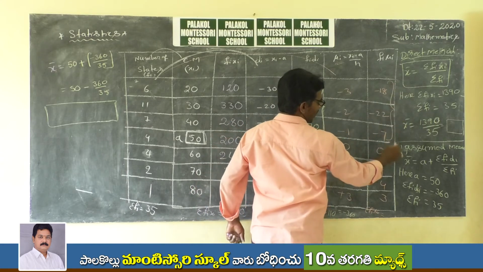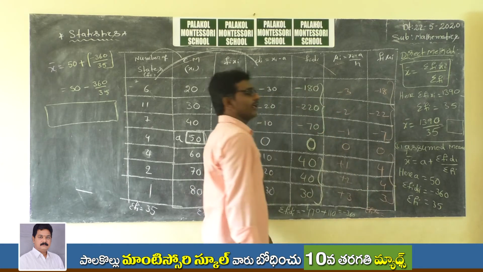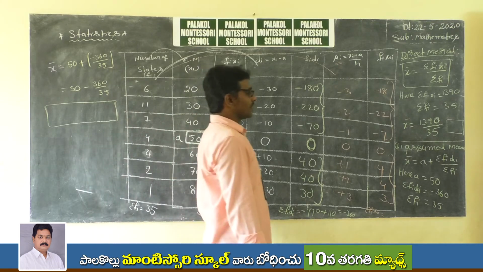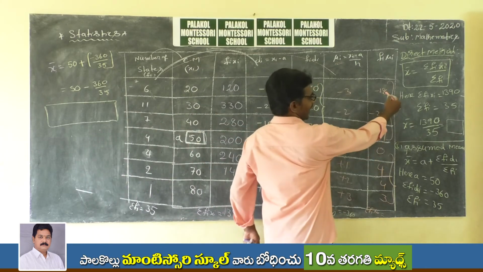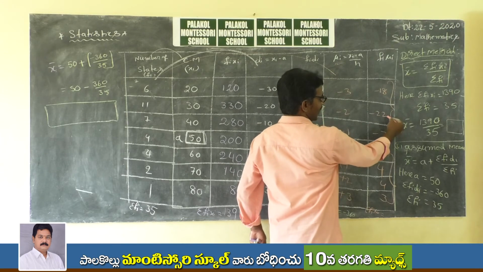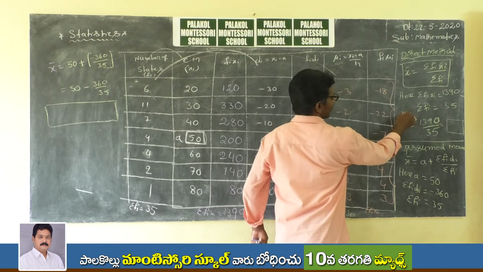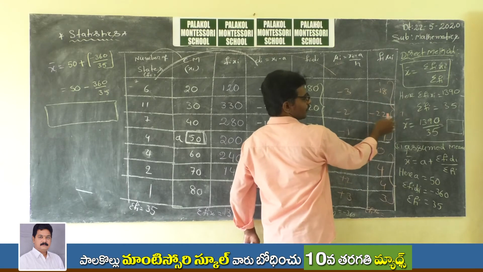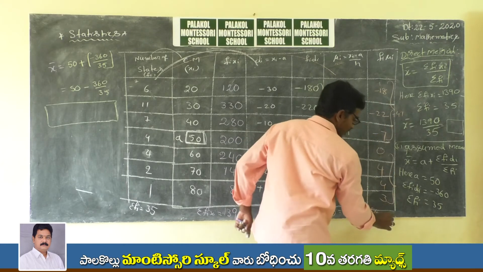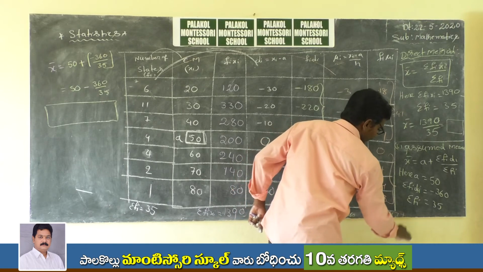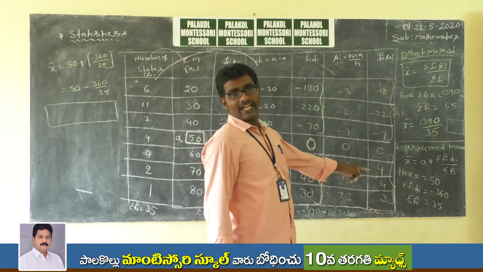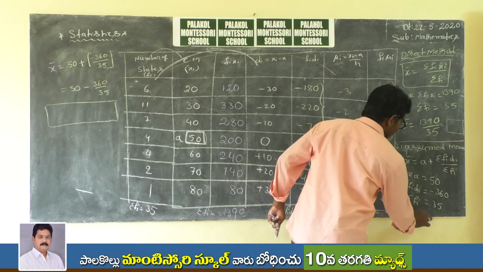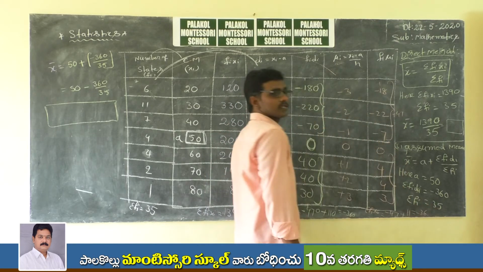You observe in this column some numbers are negative, some are positive. Negative numbers should be added: 18 plus 22 is 40, 40 plus 7 is 47. So minus 47. Plus 4 plus 4 is 8, 8 plus 3 is 11. On simplification, minus 36.